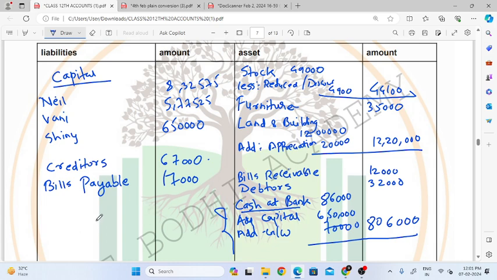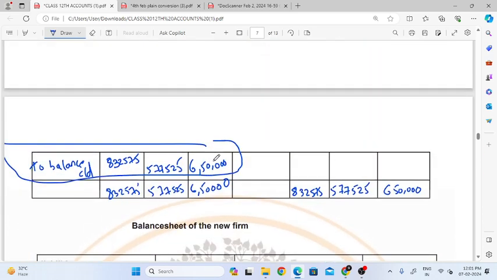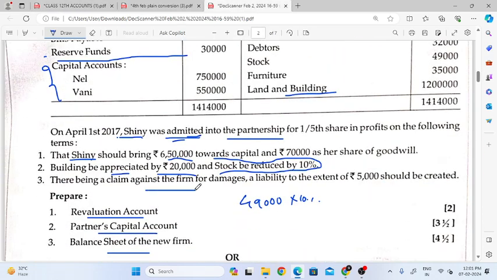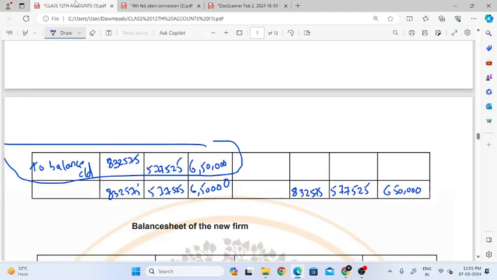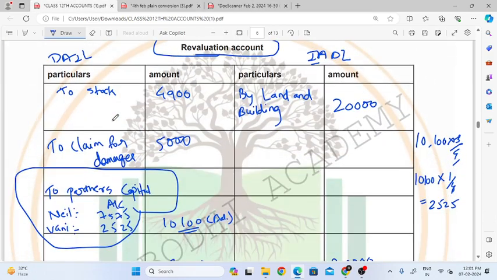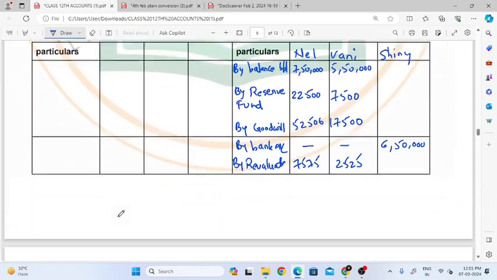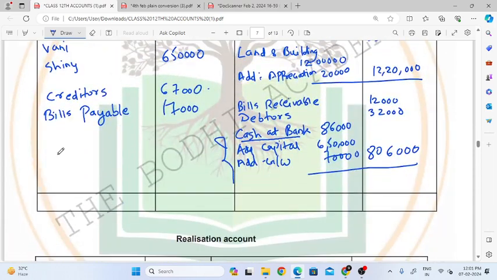And one more thing we are lacking: here we took claim for damages 5,000 on the revaluation account. Since it is a liability, it should also come over here, claim for damages, which comes to 5,000. So plus 5,000 will give you 21,49,100.